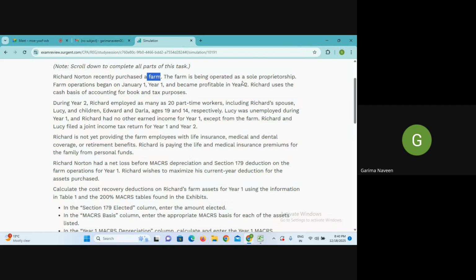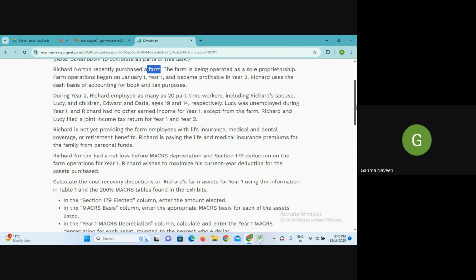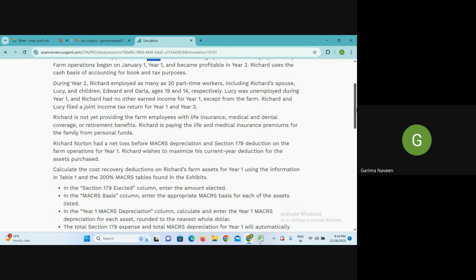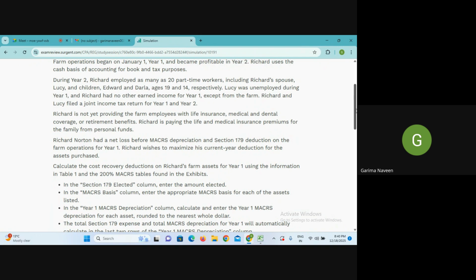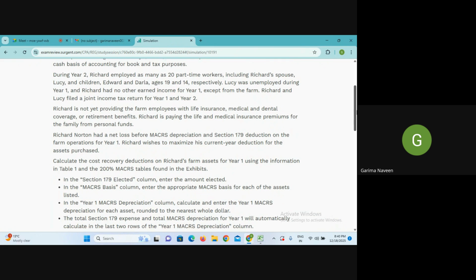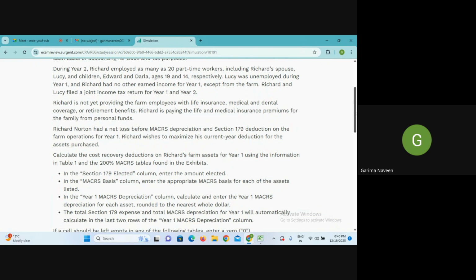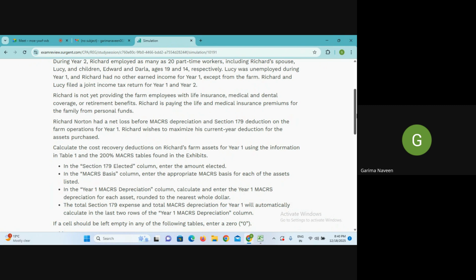The farm is being operated as a sole proprietorship. Farm operation began on January 1st, year 1 and became profitable in year 2. Richard uses the cash basis of accounting for book and tax purposes. During year 2, Richard employed as many as 20 part-time workers, including his spouse Lucy and children Edward and Darla, 19 and 14.